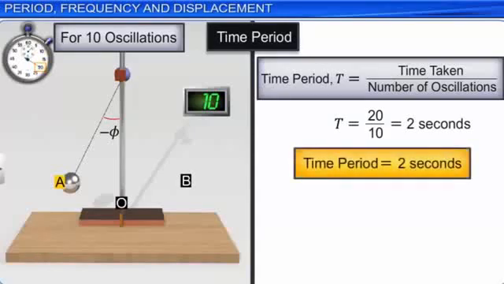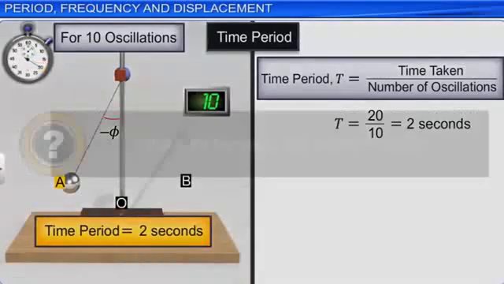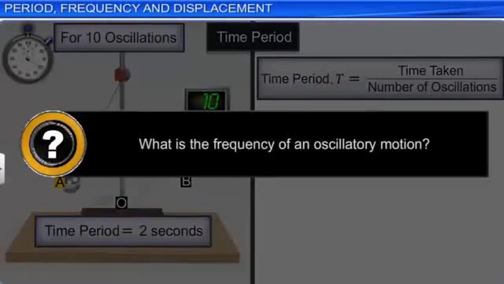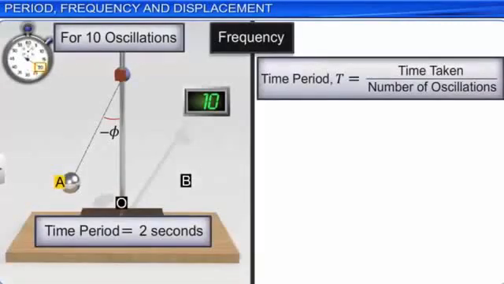What is the frequency of an oscillatory motion? The frequency of an oscillatory motion is the number of oscillations performed in a unit time, that is, 1 second. It is denoted by the letter n.